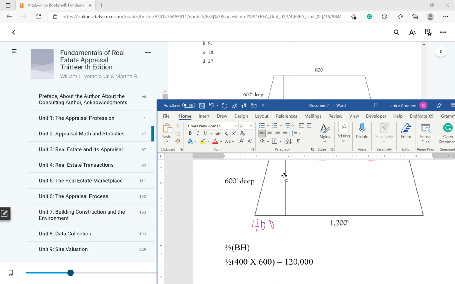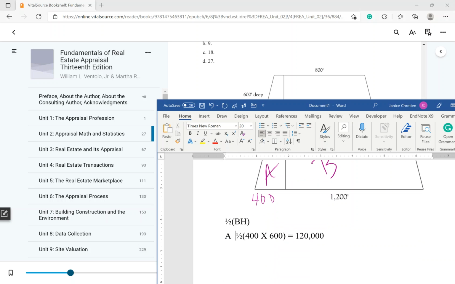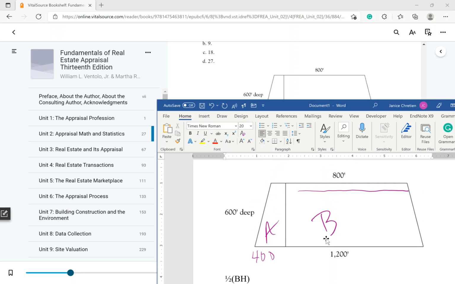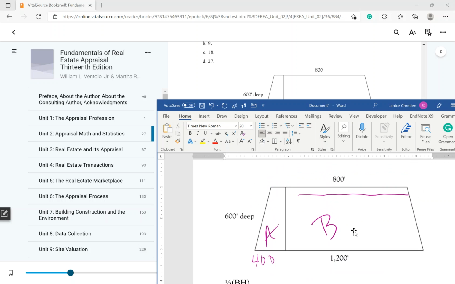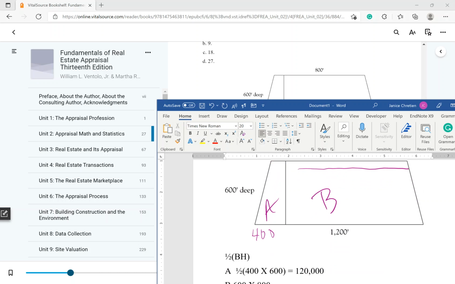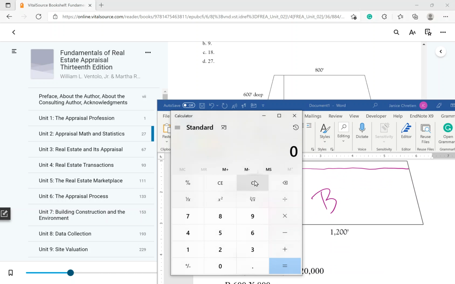So we can do like we've been doing and call these A and B. B is 600 times 800, which is 480,000, and then add our 120,000 in, and the answer is 600,000.